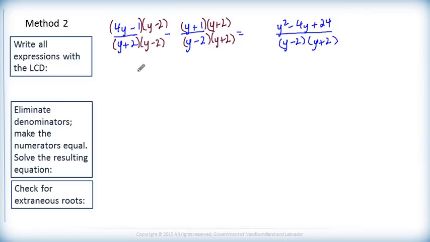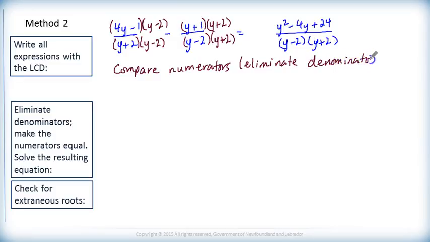Once I have the LCD, all I need to do is compare the numerators. So I can eliminate the denominators altogether. The only way these fractions can be equal, if they have the same denominator, is if they have equal numerators.